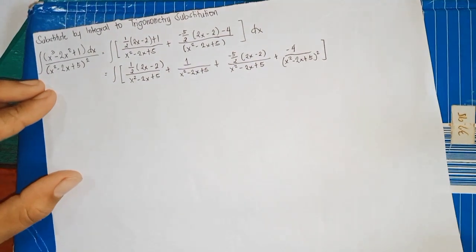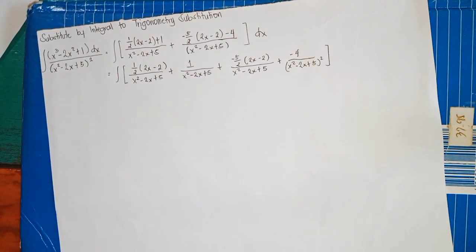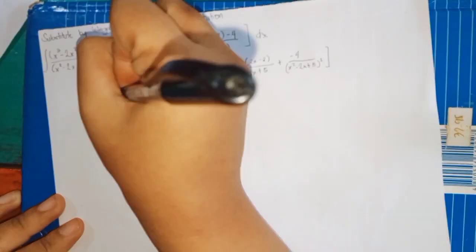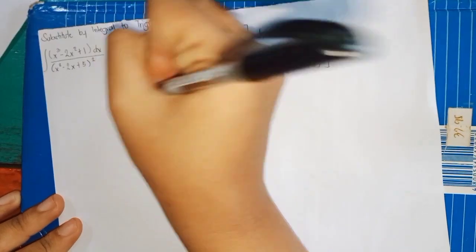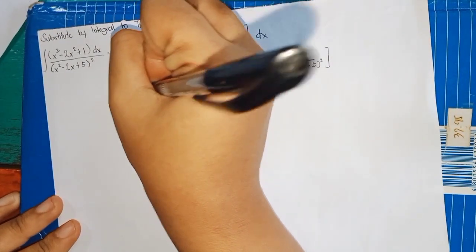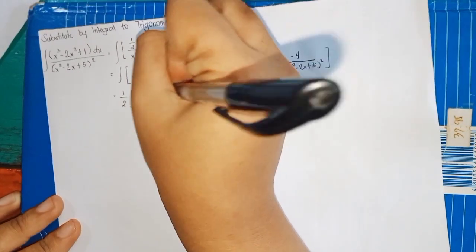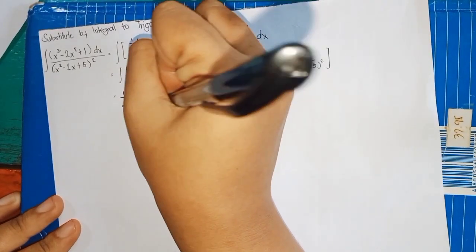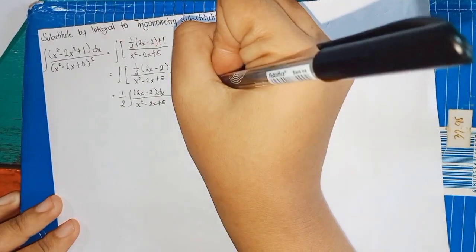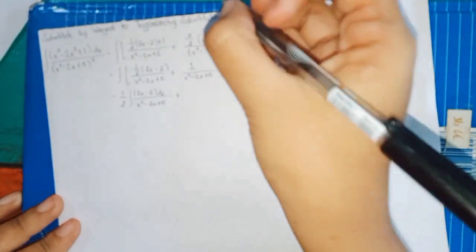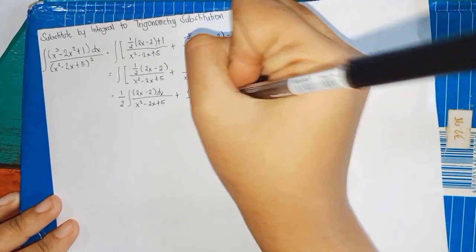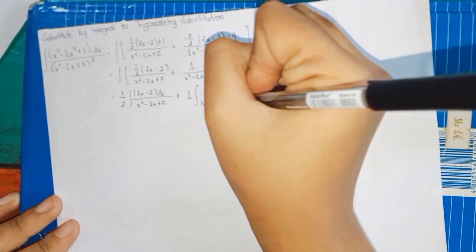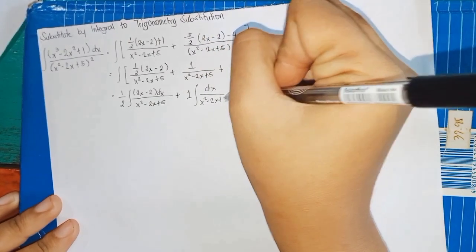Okay, so now, we take out the constants before the integration. So, 1/2, 2x minus 2 dx all over x squared minus 2x plus 5, plus, we have 1 here, 1 dx all over x squared minus 2x plus 5.